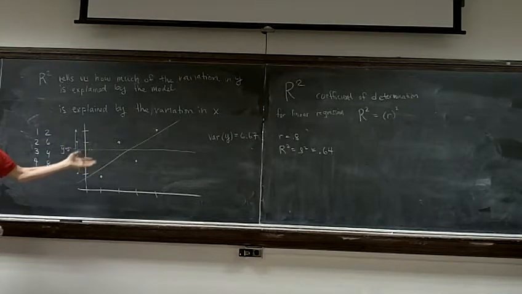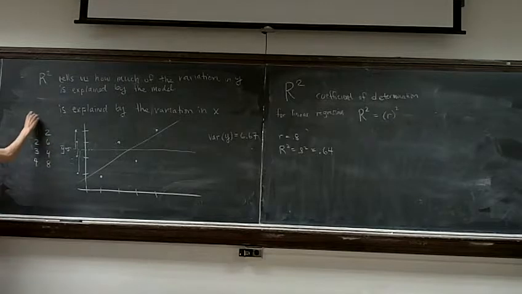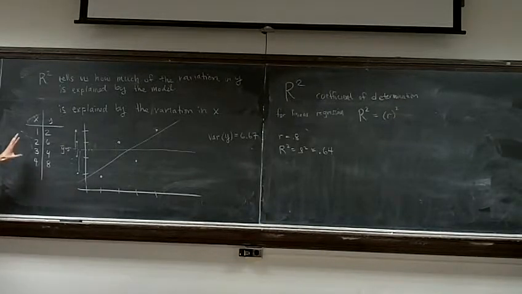I'm trying to think what a good thing would be for x and y. If y is the number of closets in a dwelling and x is the number of bedrooms in a dwelling, this could kind of work. So just go with me here. We have 1 bedroom, we might have 2 closets.